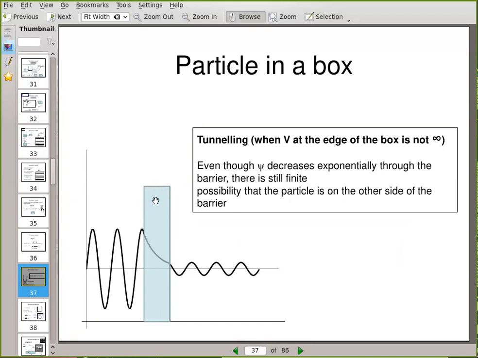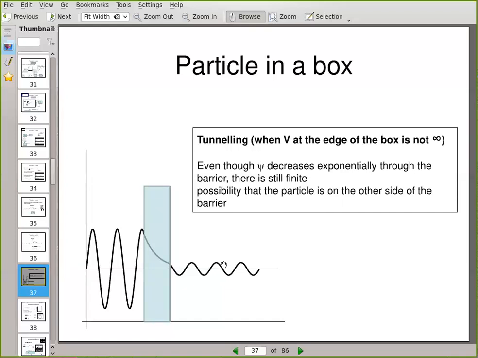So if you were to take the edges of a particle in a box, and instead of having infinite potential, have a finite potential, even if it's a very large potential, what can happen is that the wave function then just decays through the barrier, and it means that you've got a probability of finding something outside of the box. And there are cases, certainly with isotopes, and certainly with reactions, where you expect that the containment will maintain whatever it is inside a certain region.